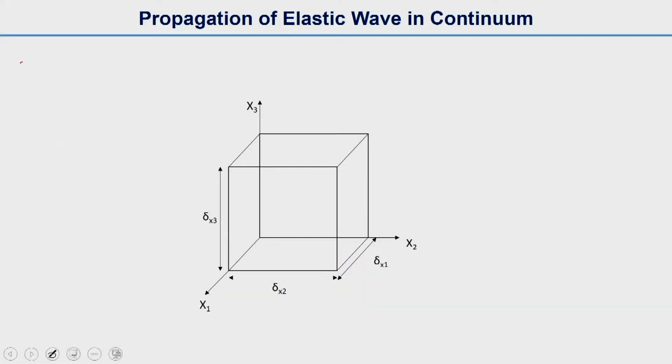So the equation for that, we derived as the second partial of u with respect to time is equal to Young's modulus E divided by rho, times the second partial of u with respect to x squared.